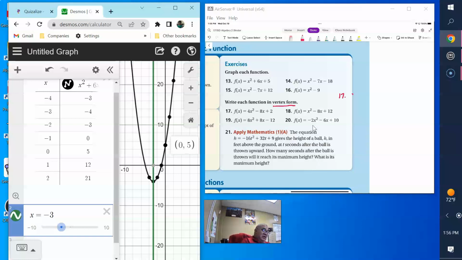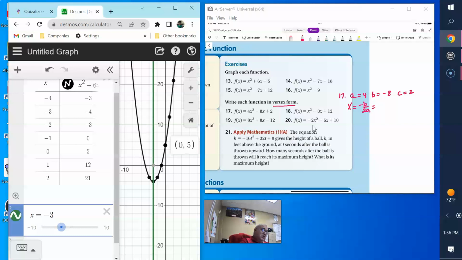For number 17, you need to identify a, which in this case is 4. Identify b, which is negative 8. And identify c, which is 2. Since we want to know the x value of the vertex, and we know that the axis of symmetry goes through the vertex, we have x equals negative b over 2a.